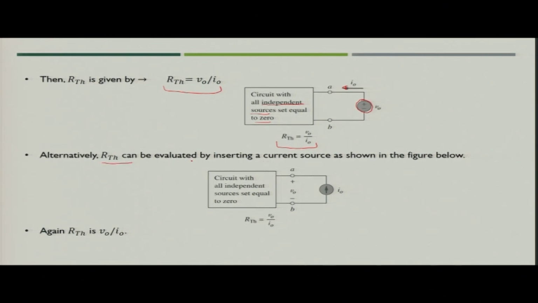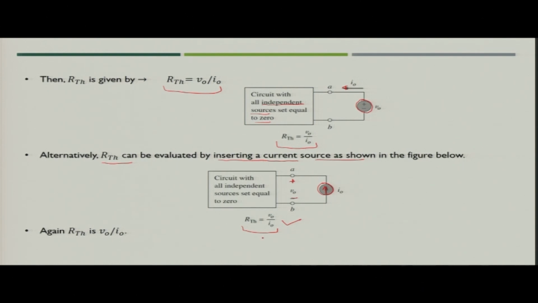Alternatively, RTH can also be measured by inserting a current source. So, instead of a voltage source, across these two terminals you will apply one current source. Now, what you have to do? When you apply the current source, instead of the current which you measured earlier, you have to measure the voltage across terminals A B. Again, RTH would be given as the voltage across terminals A B divided by the current supplied by the current source.